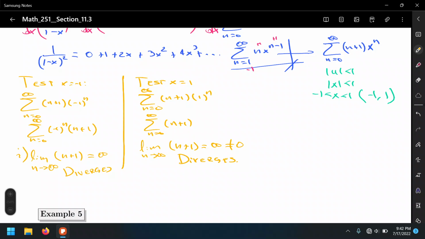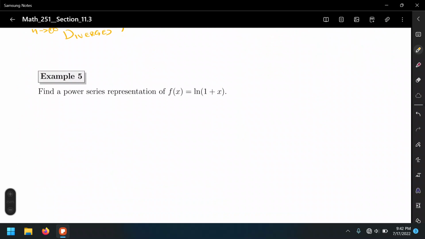Alright, let's look at another example. So one example is to find the power series of f of x equals ln of 1 plus x. Now can you think of what can be done to obtain ln of 1 plus x? You can think about the operation that we did in the previous example.